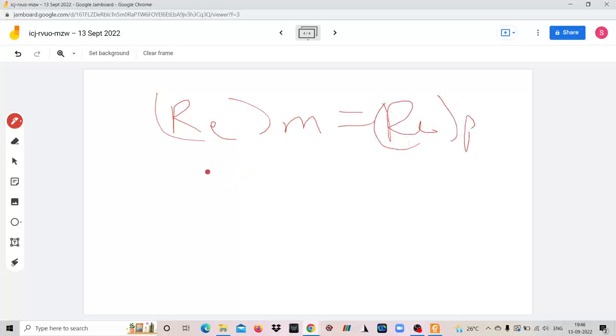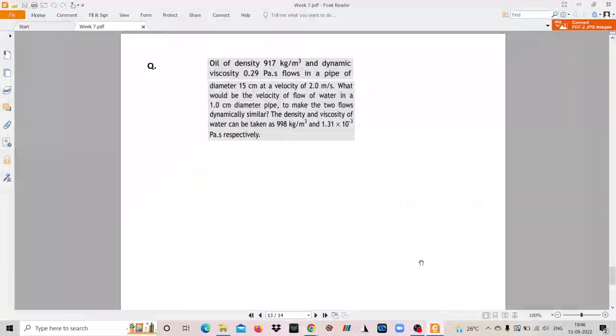So in this case we have Reynolds number for the oil case must be equal to the Reynolds number of the water case. Why? Because it is given in the question that they are dynamically similar. So if that is the case, can you please compute and tell me what is the value of the flow velocity in case of water flowing in a pipe of 1 centimeter diameter? Can you compute the answer and tell me?